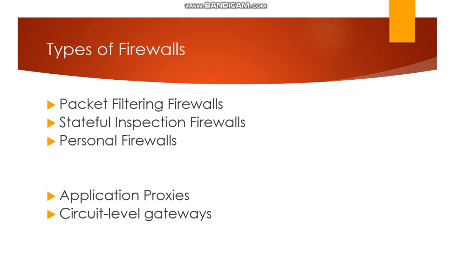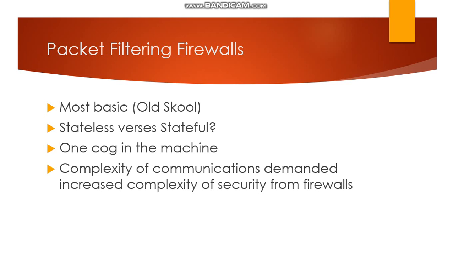Alright, so these are the types of firewalls: packet filtering firewalls, stateful inspection firewalls, personal firewalls, application proxies, and second level gateways. Packet filtering firewalls are the most basic. Stateless versus stateful.